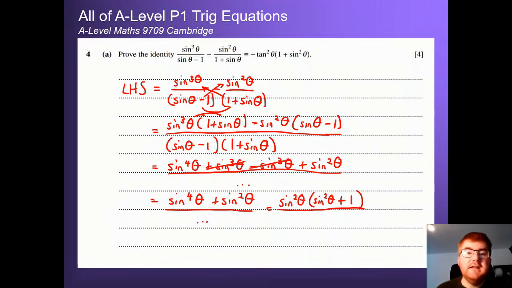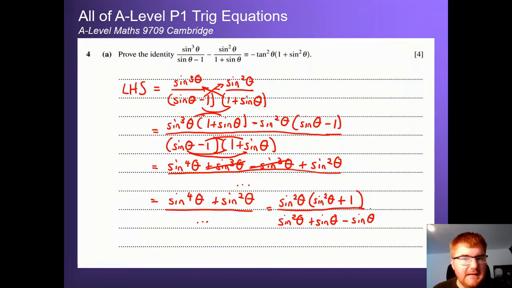Now if we look at the denominator here, we can actually multiply this out. So we can actually just multiply here by here, here, here, and here. If we multiply that out, we get sine squared theta, and we get a plus sine theta minus sine theta, and a minus 1. So we can actually simplify that down somewhat here.